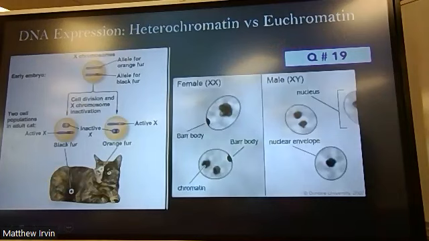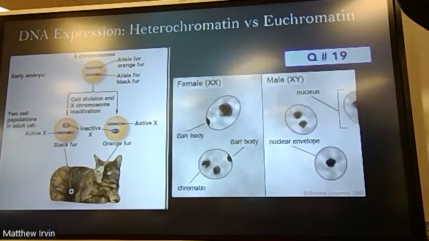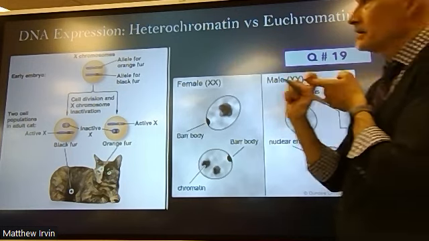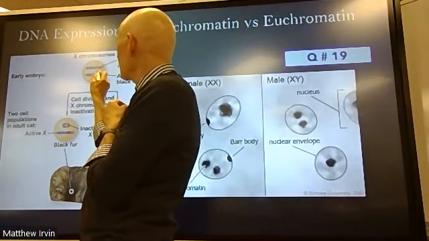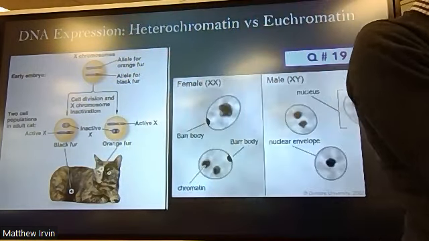Okay, operons. Actually, one last thing about heterochromatin. Bar bodies: mammals are going to have one X chromosome that gets highly methylated into the bar body. It turns completely off.